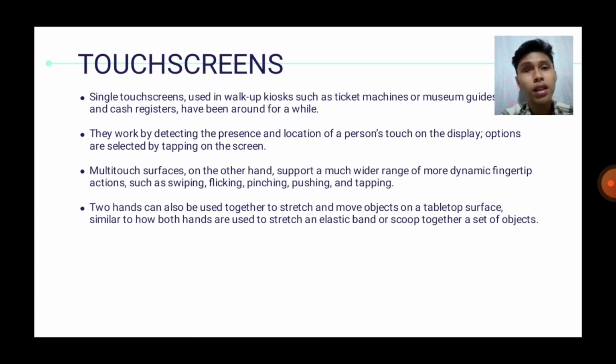Multi-touch surfaces, on the other hand, support a much wider range of more dynamic fingertip actions such as swiping, clicking, pinching, pushing, and tapping. Two hands can also be used together to stretch and move objects on a tabletop surface, similar to how both hands are used to stretch an elastic band or scoop together a set of objects. Next.